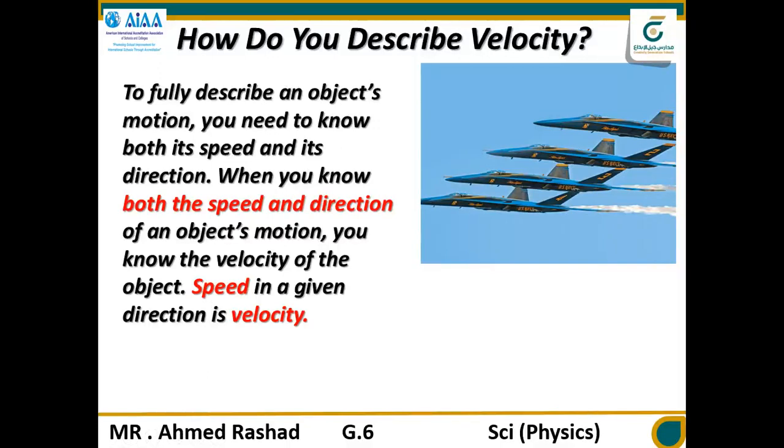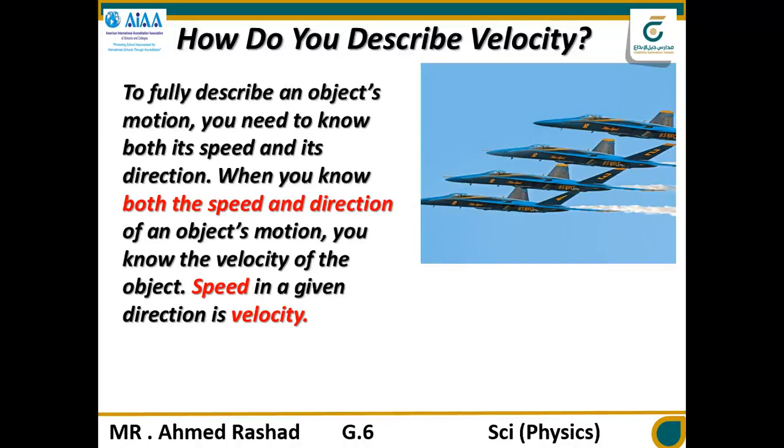When I talk about a car that is moving at a speed of, say, 120 meters per second, this is speed. But when you say it goes forward or goes south, that's direction. When I put the direction together with the speed, that's velocity.